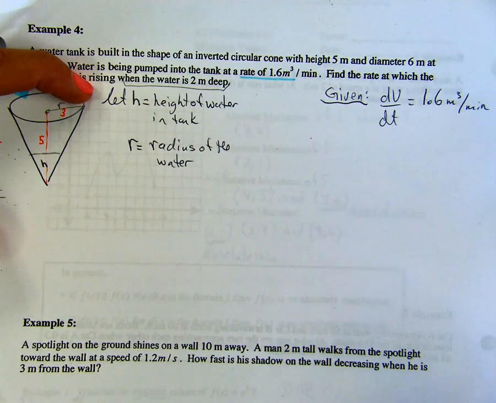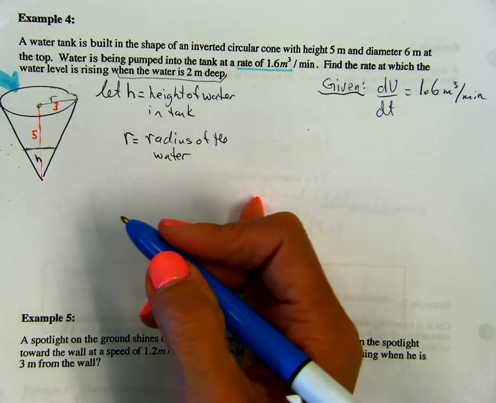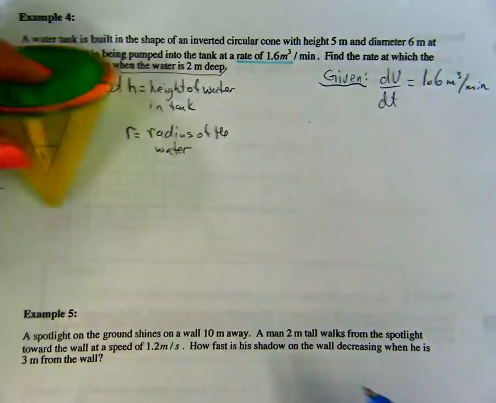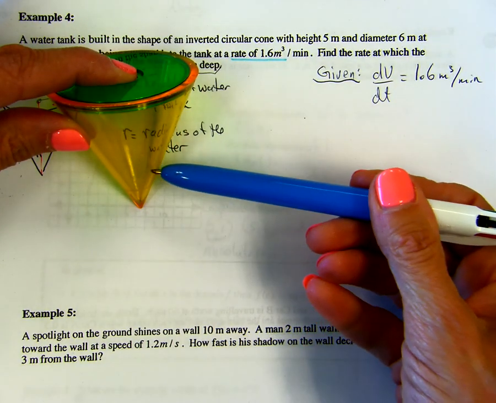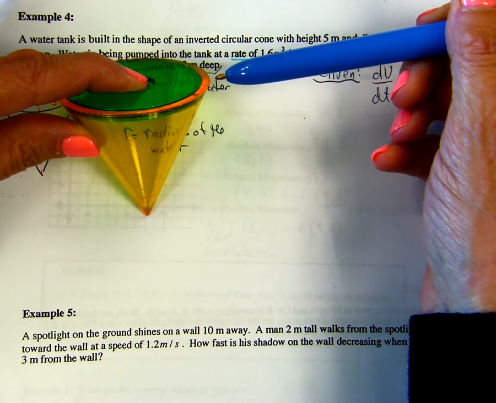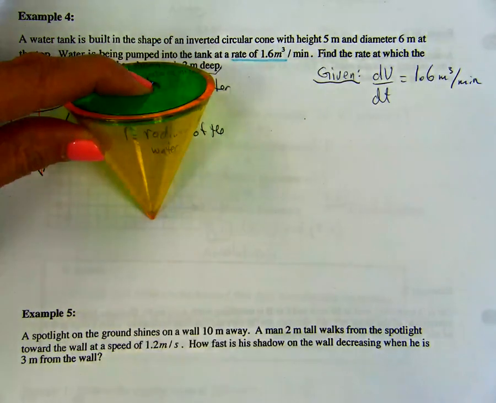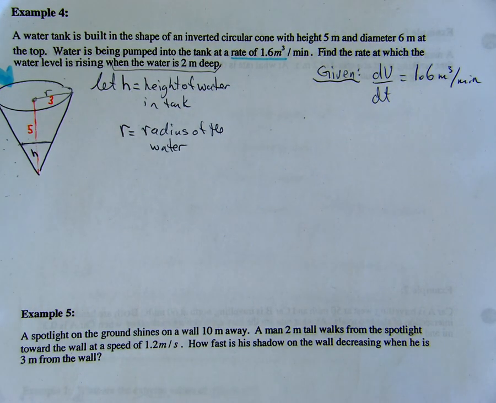Okay, so just so that that makes sense to us, if I'm looking at this height, then part way down the cone here, I'd have a different radius than I have up here. Yeah? Okay, so I'm going to talk about the height of the water and then the radius at that height. So that's what my h and r relate to.